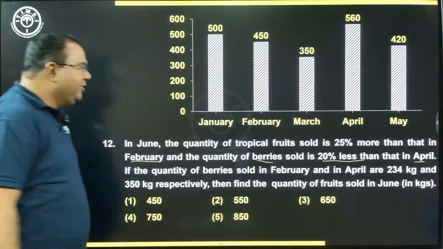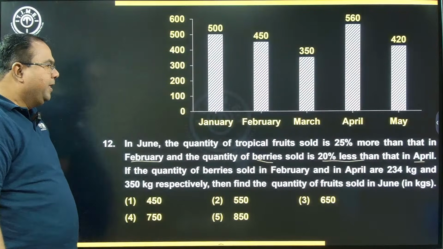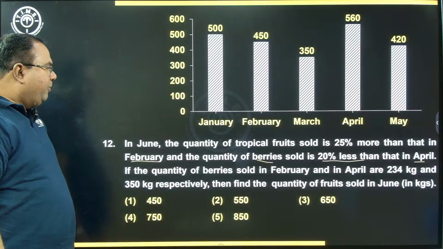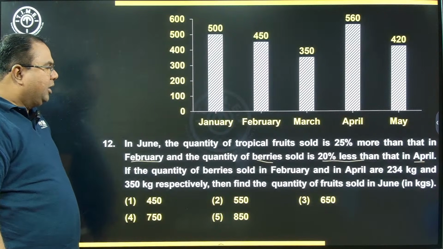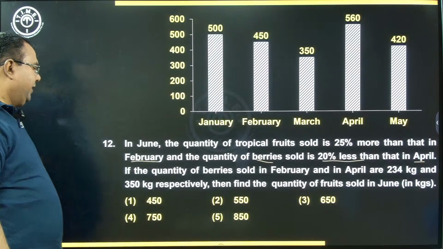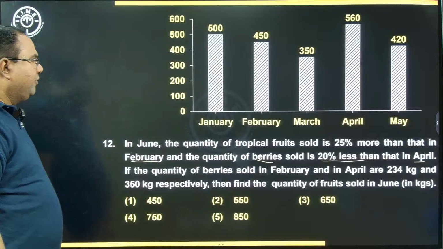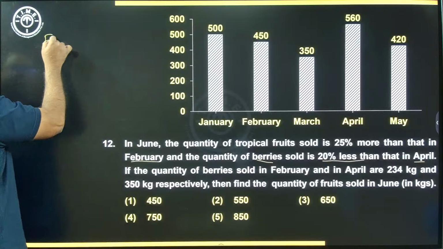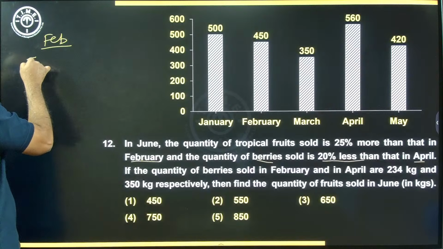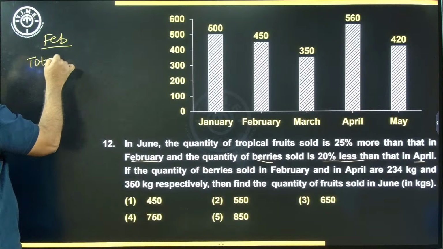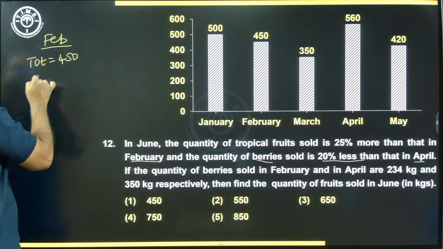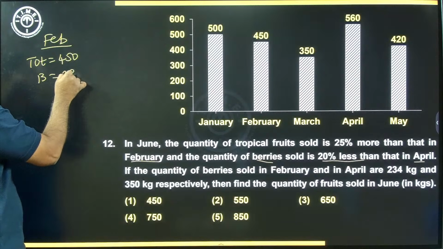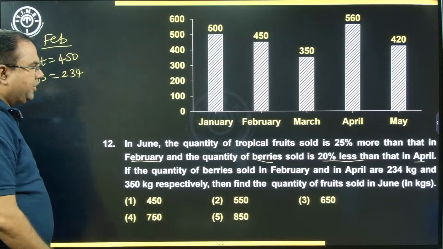Okay, I need information about February and April now. If the quantity of berries sold in February and April are 234 and 350, then for February, total is 450, berries sold 234, right?